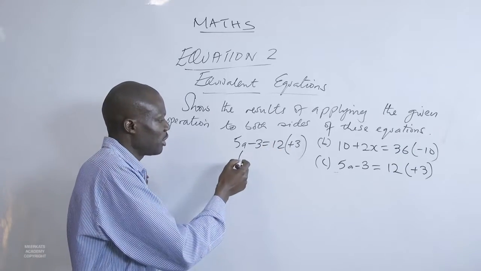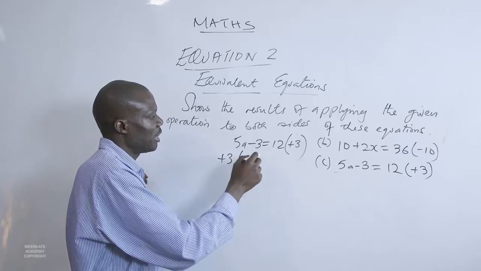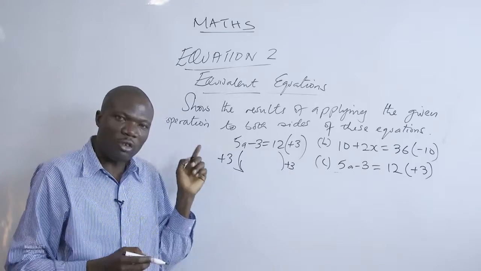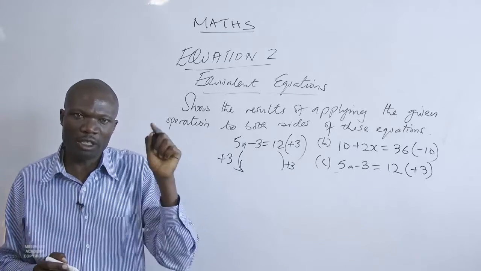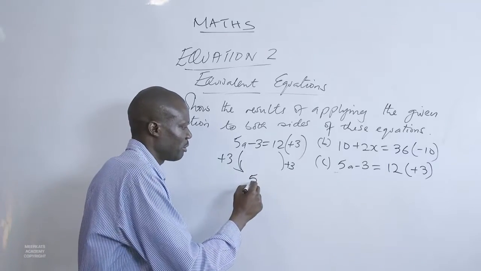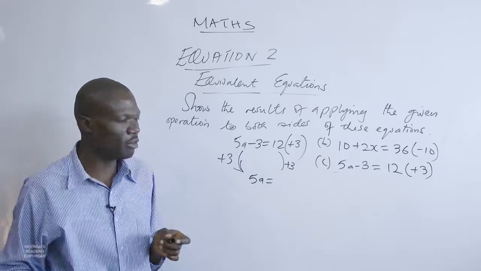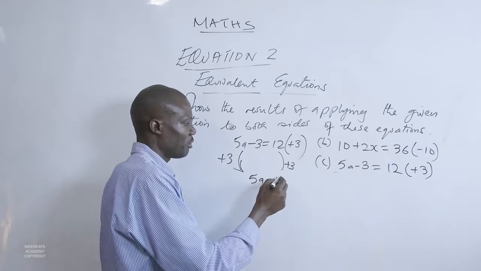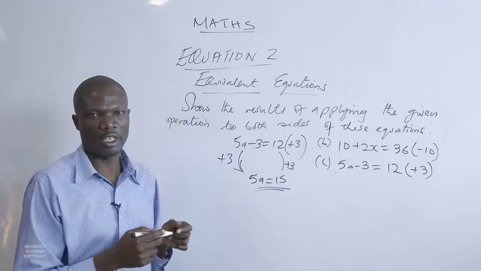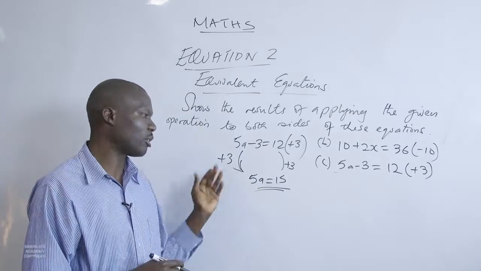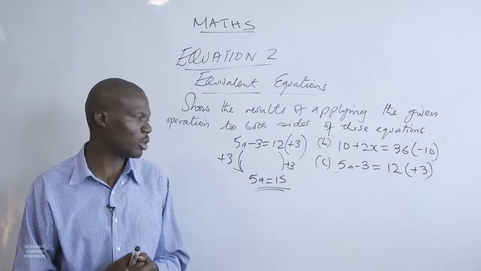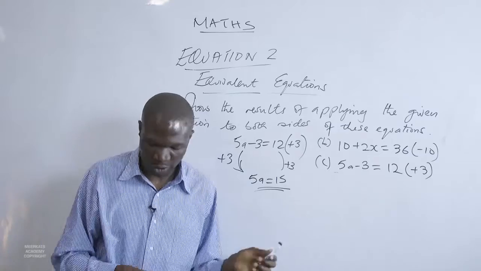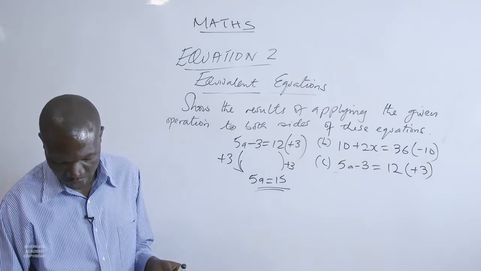So if we are to solve this, we shall add 3 here and add 3 here. 5a minus 3 plus 3, we shall remain with 5a. And 12 plus 3 will give us 15. So we can simply say we are able to add 3 on both sides until we arrive at the equation 5a is equal to 15.